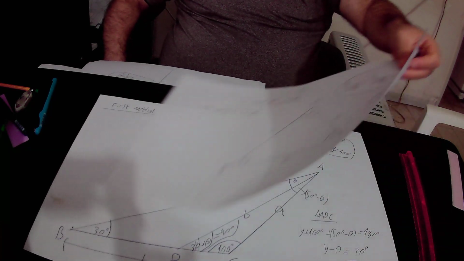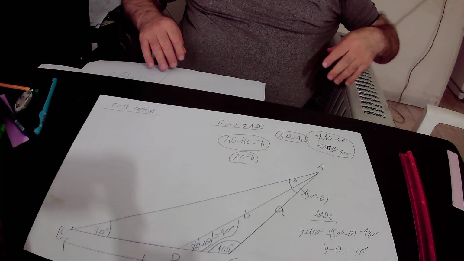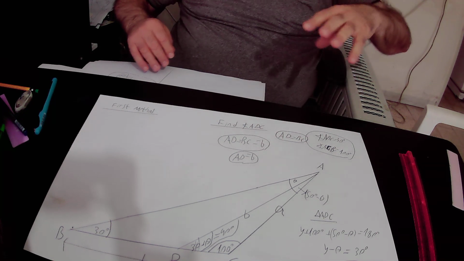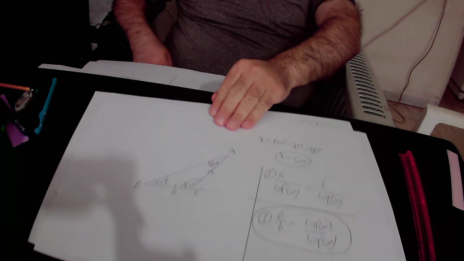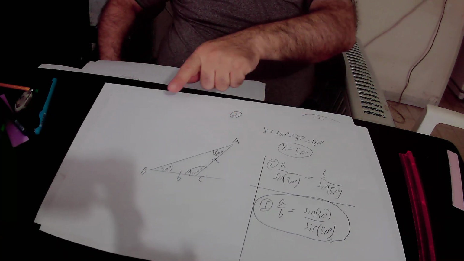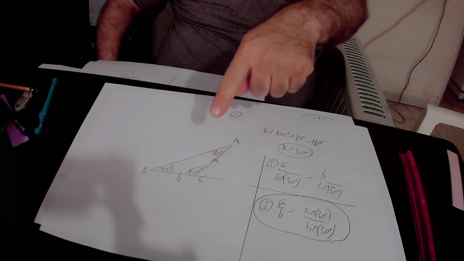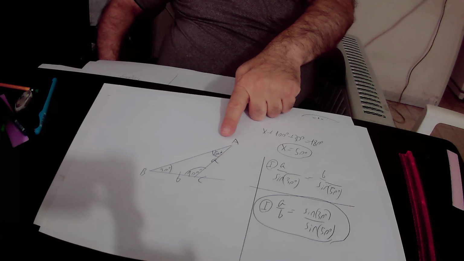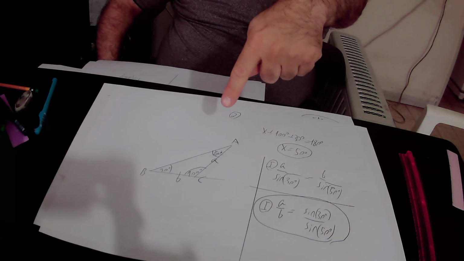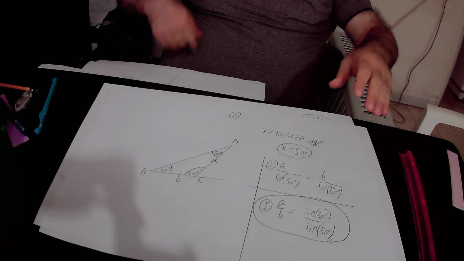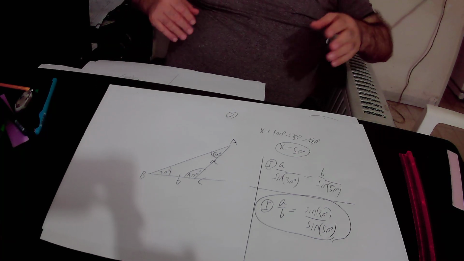And then I copied triangle ABC in a new page, and we implemented the law of sines in this triangle ABC. We know that angle ABC equals 30 degrees, angle ACB equals 100 degrees. This angle is missing, so we defined angle CAB, the missing angle, as angle X. We know that the sum of the angles in any triangle, and especially in triangle ABC, must be equal to 180 degrees.